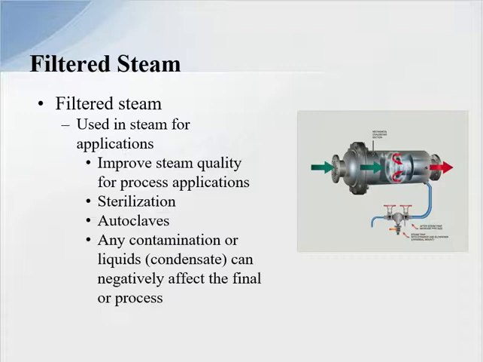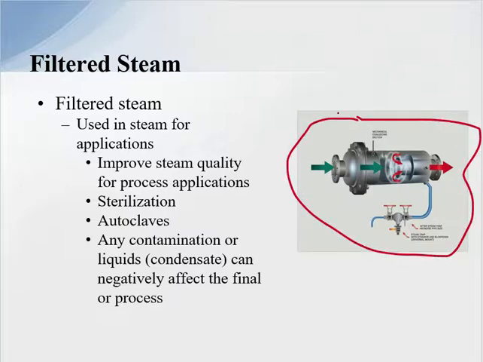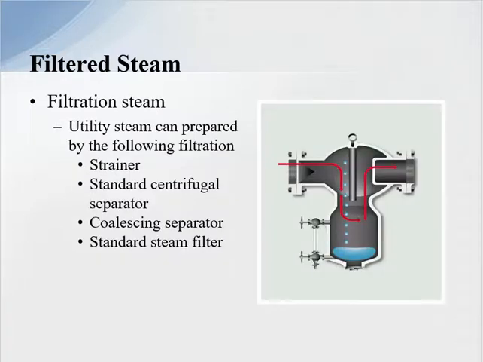This here happens to be a mechanical coalescing type separator, which will bring a poor steam quality back up to at least 98% or higher. Very, very efficient. Utility steam can be prepared by the following filtration: strainer, as I showed in the previous slide, standard centrifugal separator, coalescing separator, and a standard steam filter.